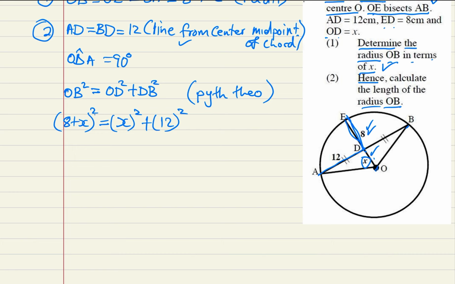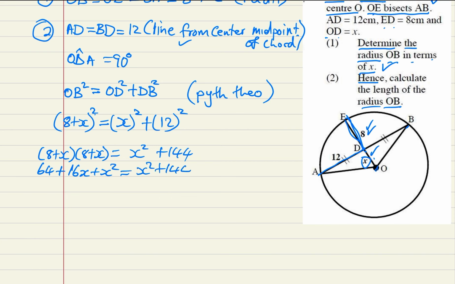Then from here we continue. That means these two here indicate that there are two sets of brackets. We open them: 8 plus x, and then we have 8 plus x equals to x squared plus 144. Then let's multiply. 8 times 8, we do our FOIL. It will give us 64 plus 8x plus 8x, which is 16x, plus x squared equals to x squared plus 144.